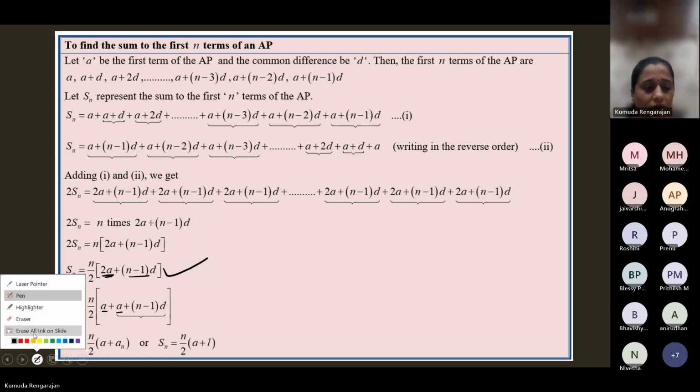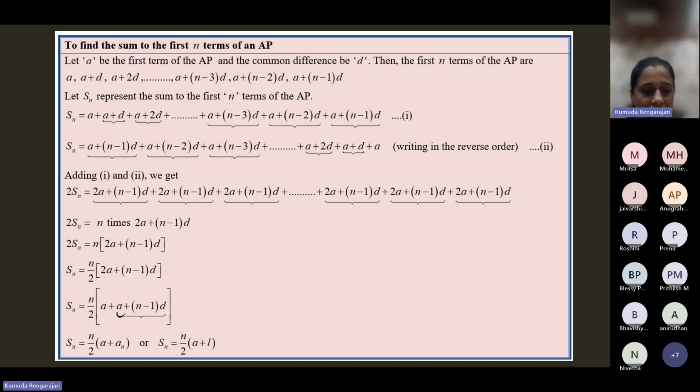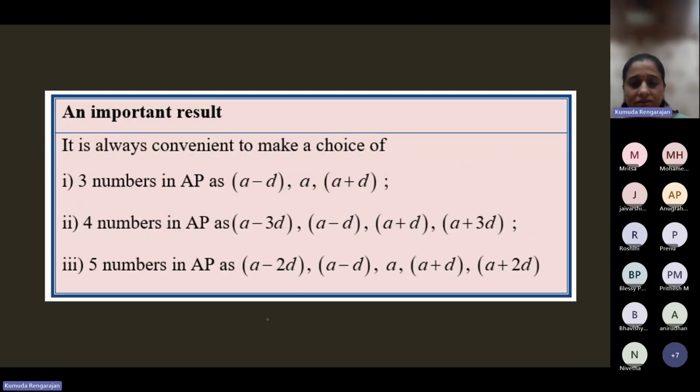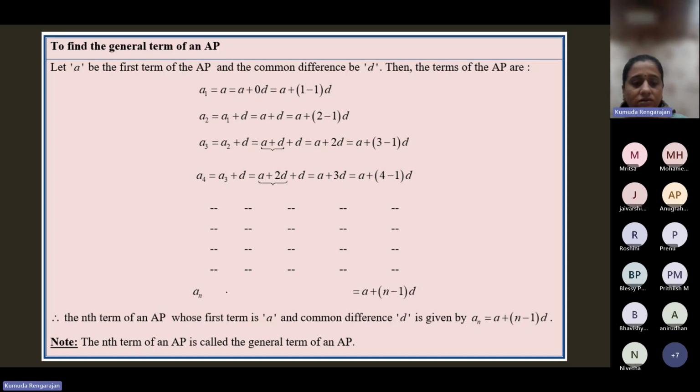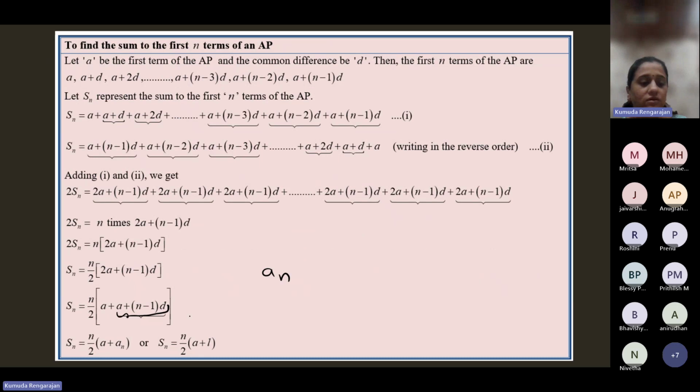Now, consider this one, a plus n minus 1 into d. What is a plus n minus 1 into d? It is an, the general term of the AP. An is a plus n minus 1 into d.